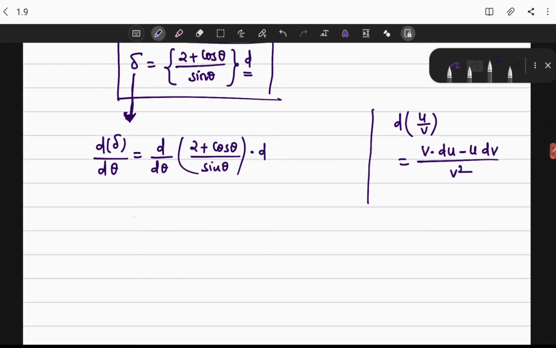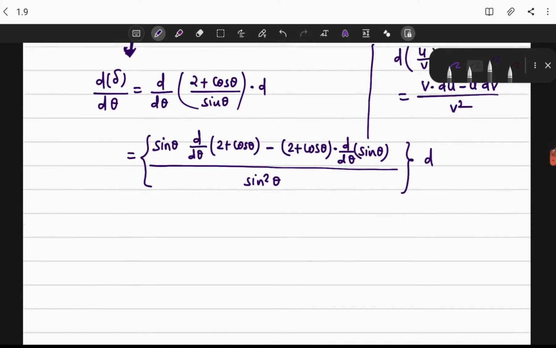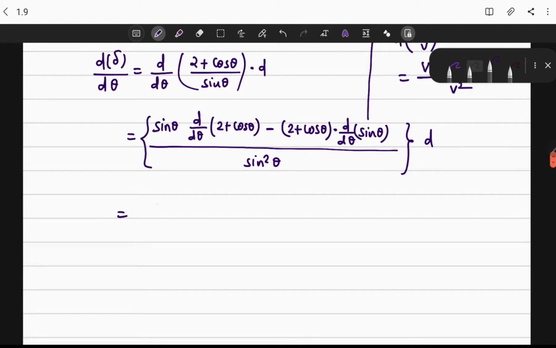We will apply the same here: sin theta as it is, times d by d theta of 2 plus cos theta, minus 2 plus cos theta into d by d theta of sin theta, whole divided by sin square theta, whole times d.